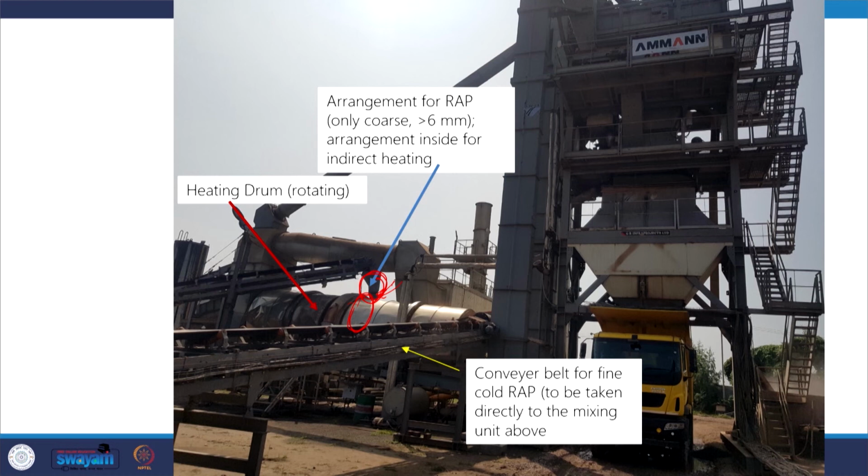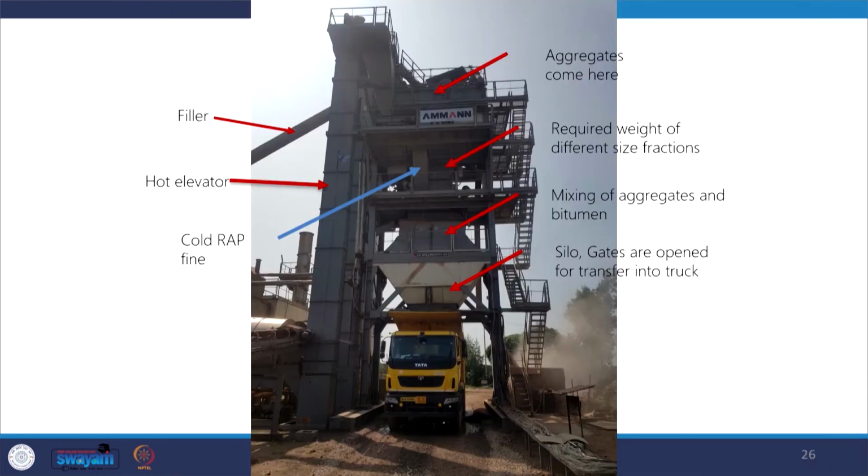The fine RAP is basically taken on this conveyor belt and it is taken through the hot elevators and it is directly sent to the pug mill for mixing with the other materials. So, here you can see this is the cold RAP fine, and this finally goes into the pug mill for mixing.